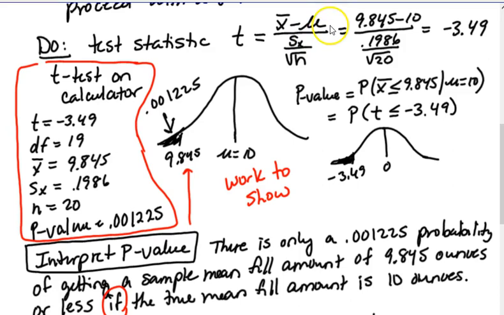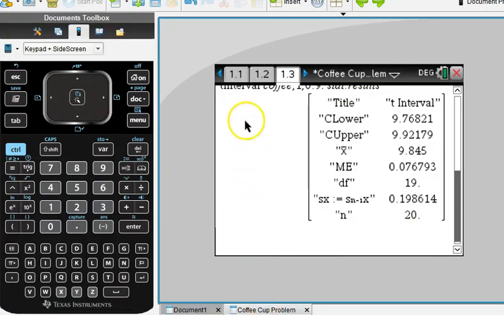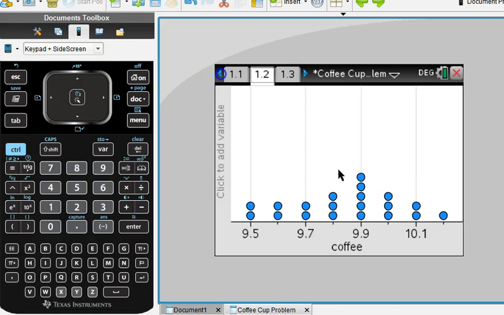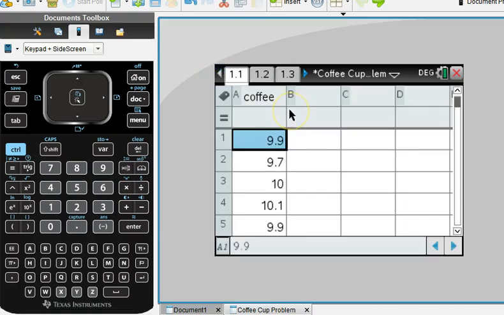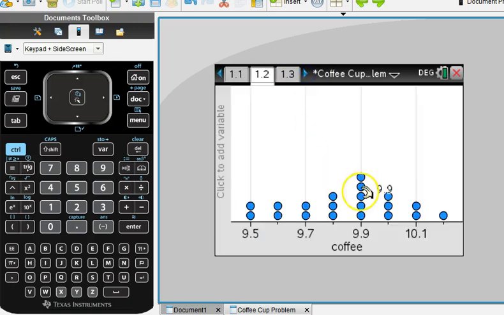Right now at this point we don't know what all these numbers are, so I'm going to suggest the best way to do this. We're going to go to the calculator, and on my calculator I have already made a list with all the coffee fill weights. I also did my dot plot here to check the condition for using the t-model.